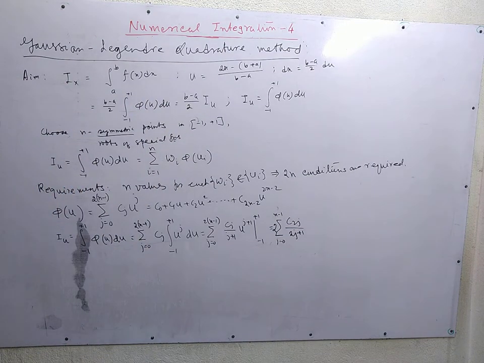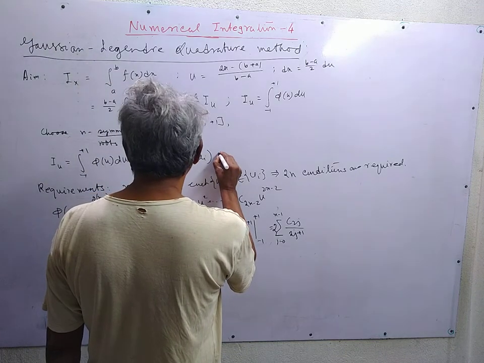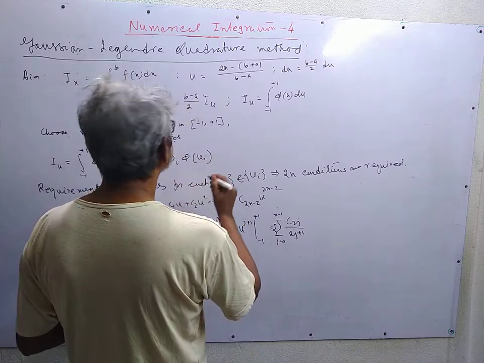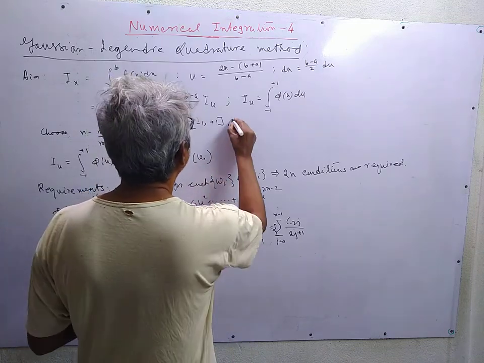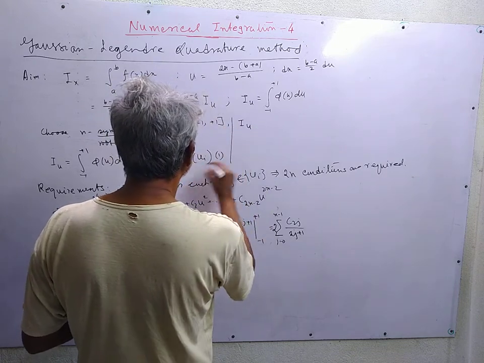This is one way of evaluating the integral. So we write one form of it as this, Iu, equation number 1.